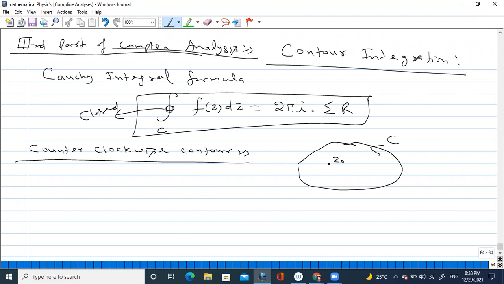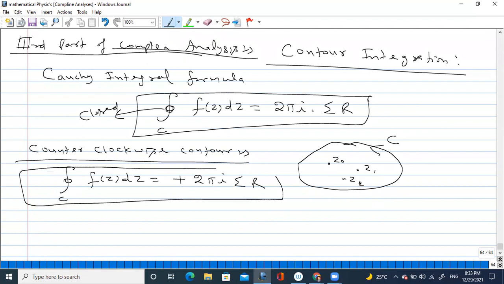Suppose this is your point Z0, this is Z1, this is Z2. You will find out the residue at all these points, and then you will find out the integral. Because your contour is counterclockwise, your answer will be positive. The integral of f(z) dz will have a plus sign: plus 2πi summation of residues. This will be the formula. So you can remember that the answer will be positive.